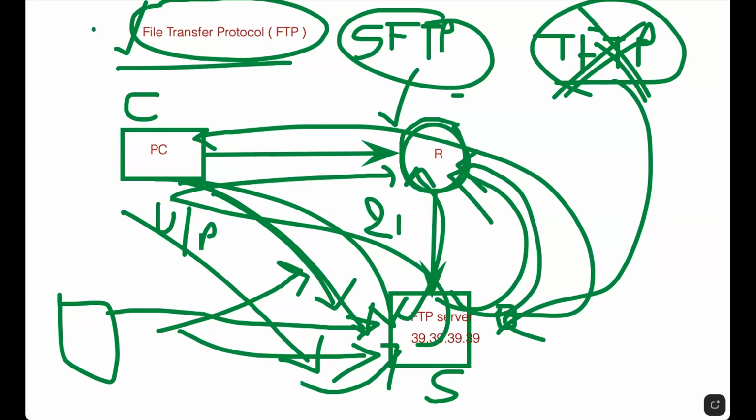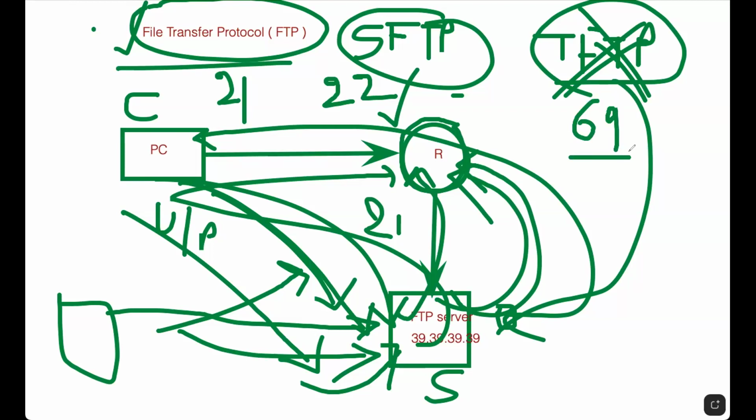Sir, what will be the port numbers for the other protocols? SFTP port is 22. Okay, FTP port is 21. And TFTP does use multiple ports in the old version, the new version, but the port it uses 69.